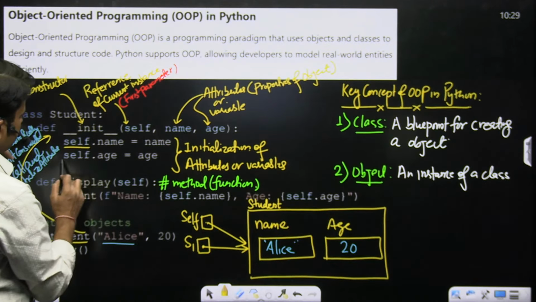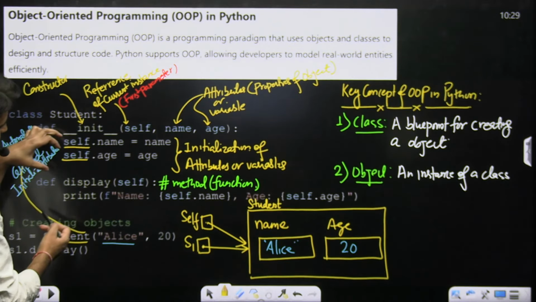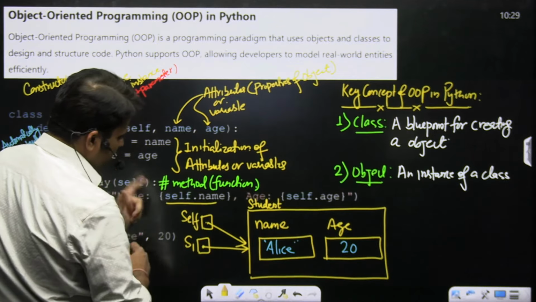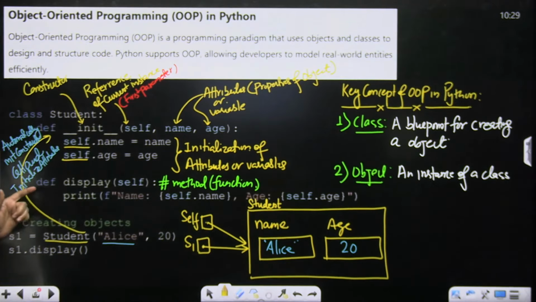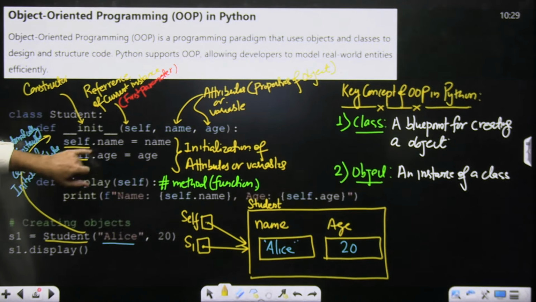Inside the class, either in the constructor or in a method, you access self dot name, self dot age. This is the first parameter. You can take any name, x, y, z or w, but this is the first parameter and the conventional name is self. Inside the class you use self, and outside the class you can use the object name.